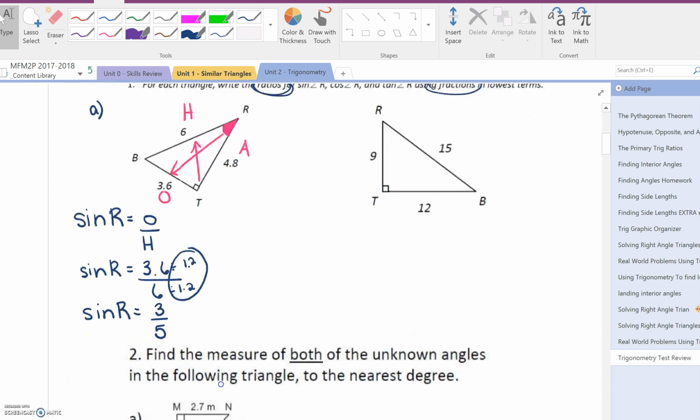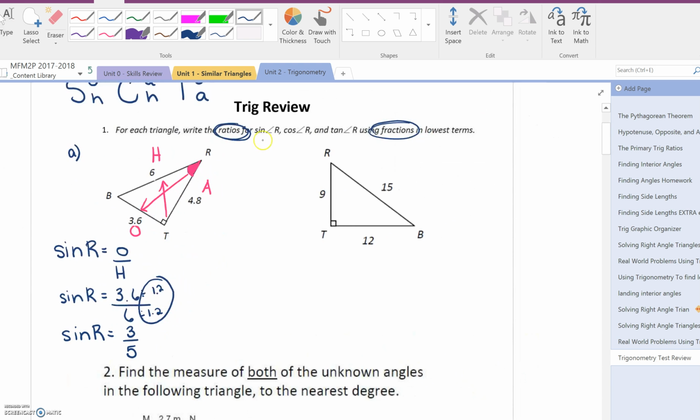So there's the sine ratio, but that's not all we want. I'm going to put a check mark for the sine ratio. Let's go ahead and do the cosine ratio of the same angle. We don't need to relabel our sides because we're going from the same angle for sine, cos, and actually for tan as well. So cosine of R is adjacent over hypotenuse, and our adjacent in this case is 4.8.